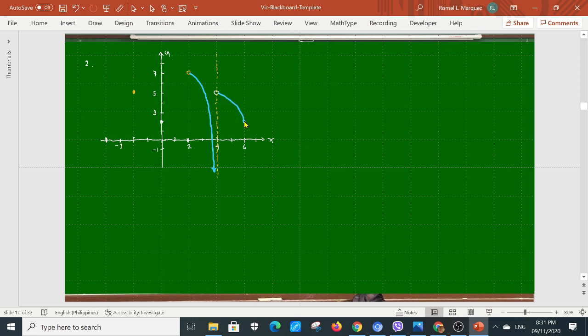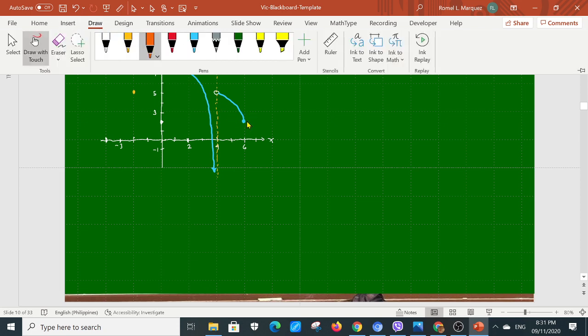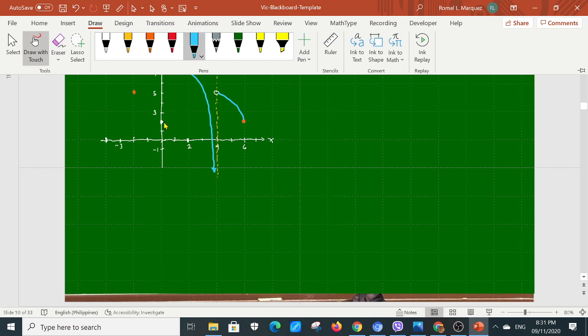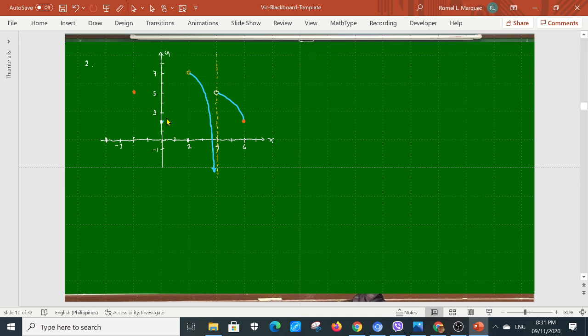I will emphasize that this is a point. And then I have here that point, and here this graph.